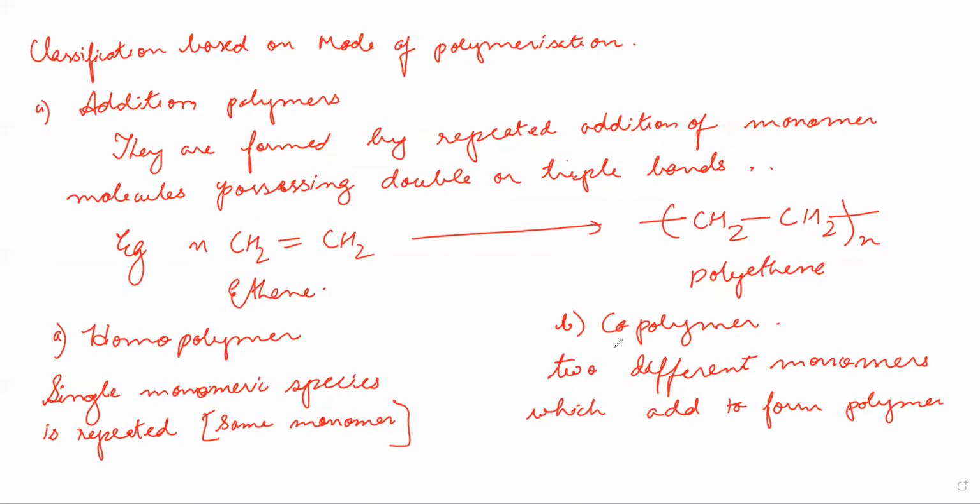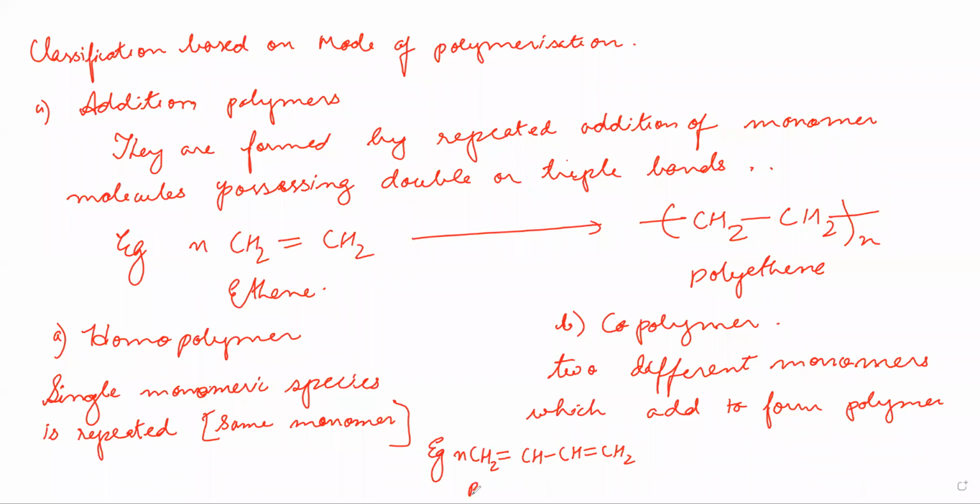Now this is under which category? Addition polymer. Let us see this example. We are going to take two different monomers. My example is 1, 2, 3, 4 carbons, with double bonds at positions 1 and 3.